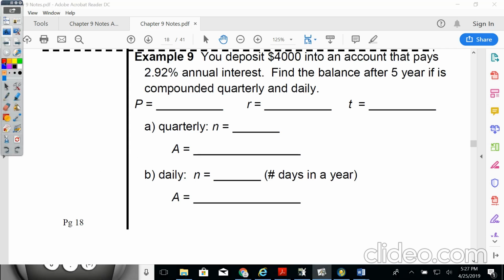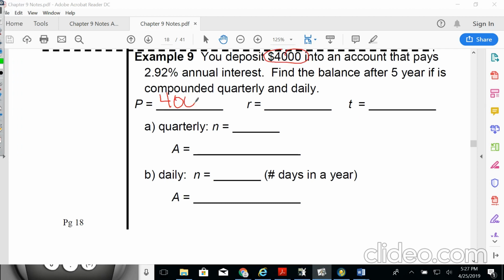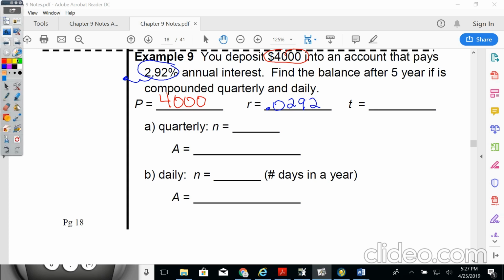So again, the initial amount is the 4,000. The R value, as a decimal, we would move it back twice: 0.0292. And the time it wants is 5 years.